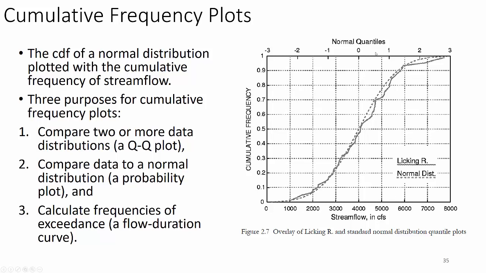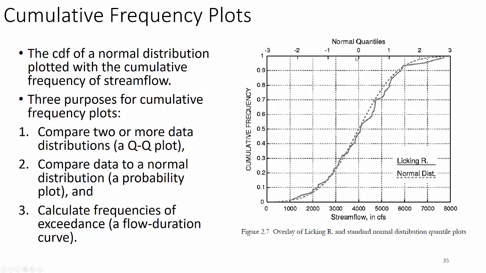And look at the normal quantiles at the top. So the normal quantiles allow you to plot these as well as the Q's, the actual flows. So if you plot both, the normal quantiles on the x-axis on the top, stream flow on the bottom, now we start to see a normal distribution layout. And remember, these are standard deviations away from the mean, 1s, 2s, and 3s.